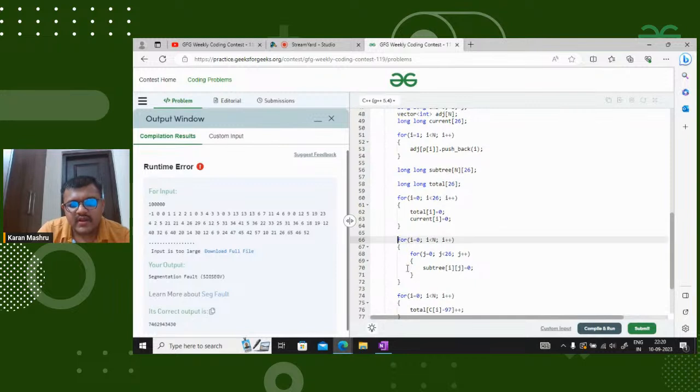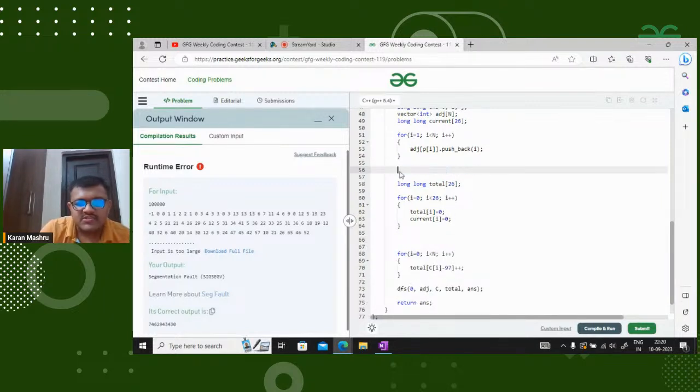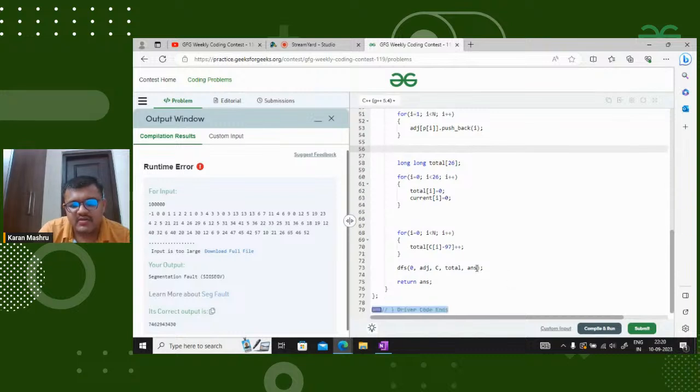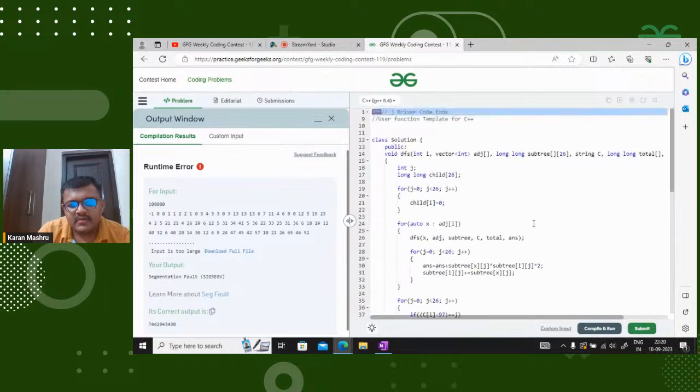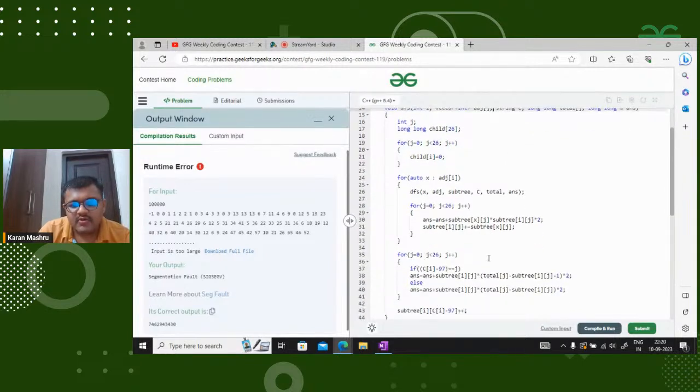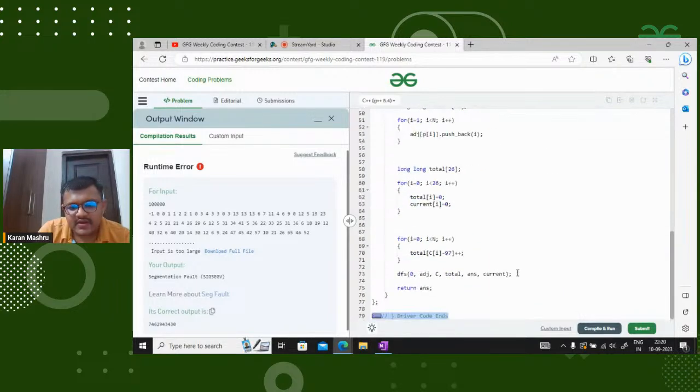We will not be declaring this array because that's taking too much space. We are getting a segmentation error. So let us pass this current, and we will not pass this subtree, right? We will be passing current at the end.